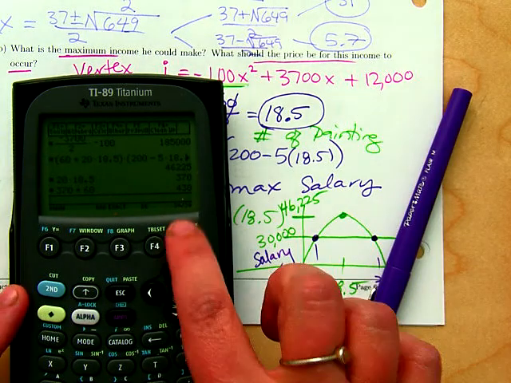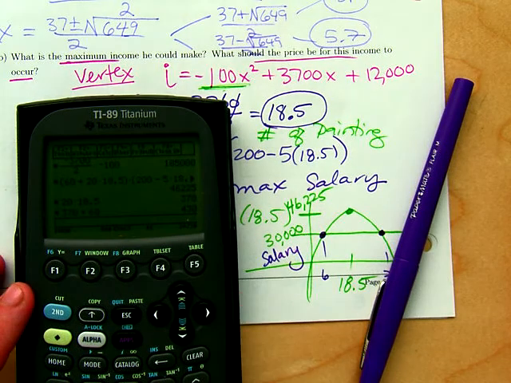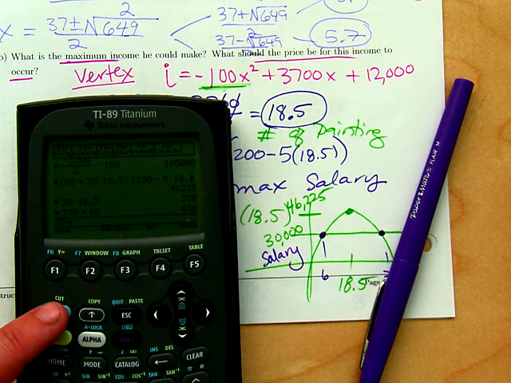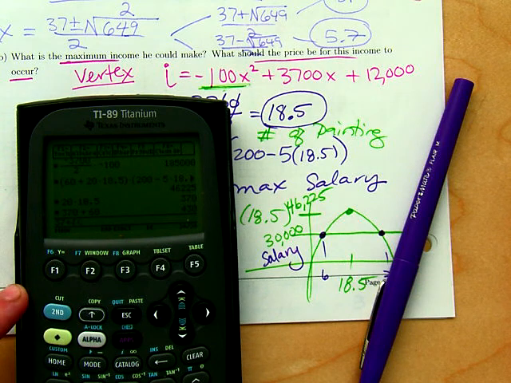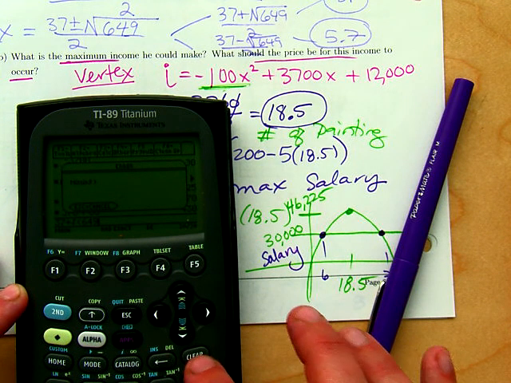So, to find, where is it? I don't see it here. Well, I've been doing math. Oh. Okay. So, 37 plus the square root of 649. And you push equal. Nope, I need a parenthesis. Okay. Escape.